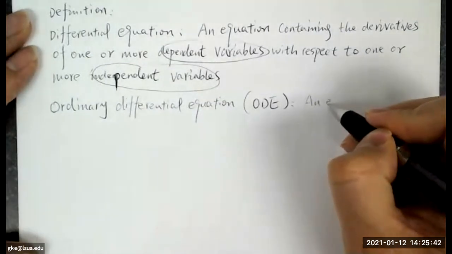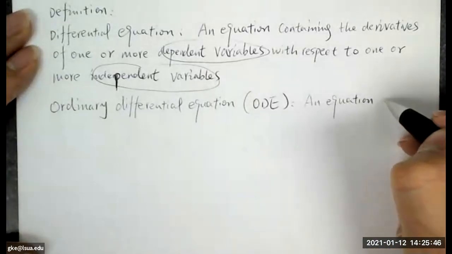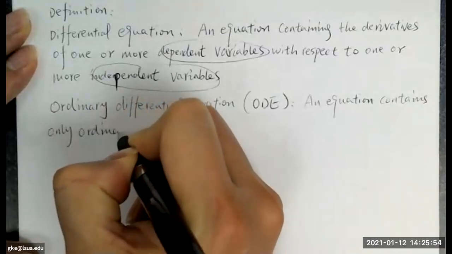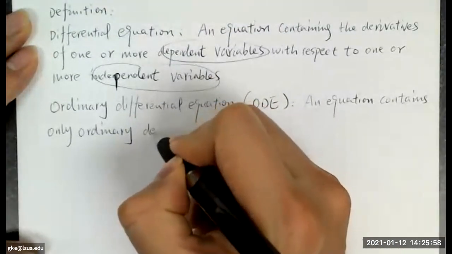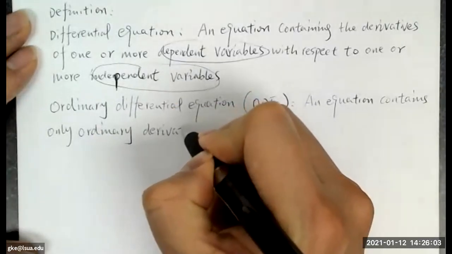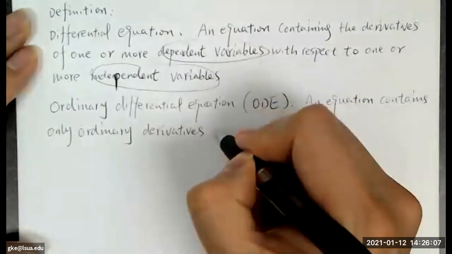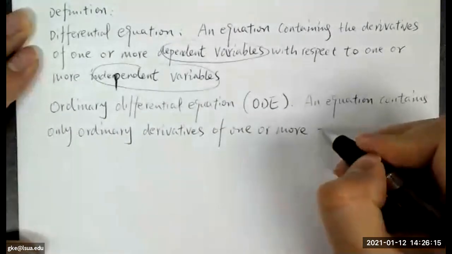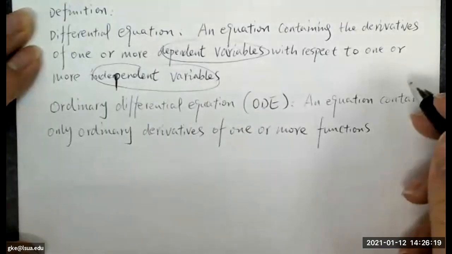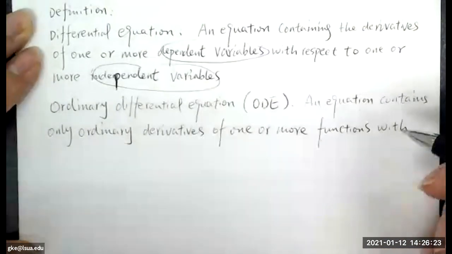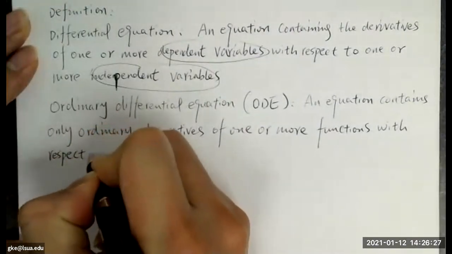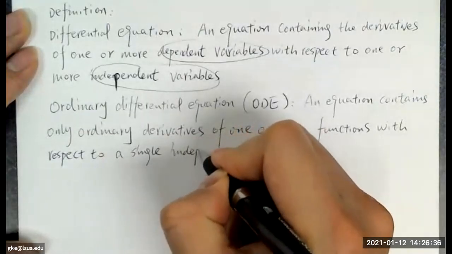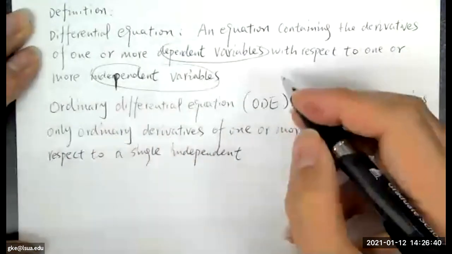An equation that contains only ordinary derivatives of one or more functions with respect to a single independent variable.